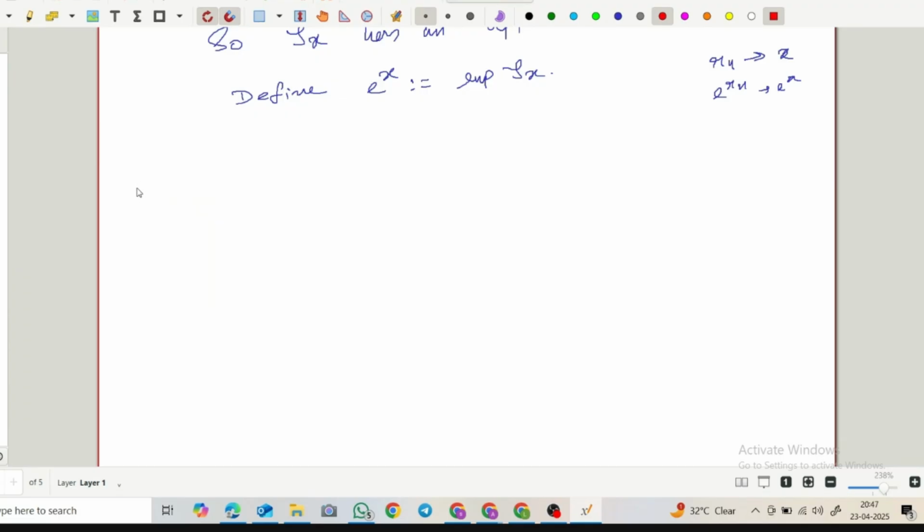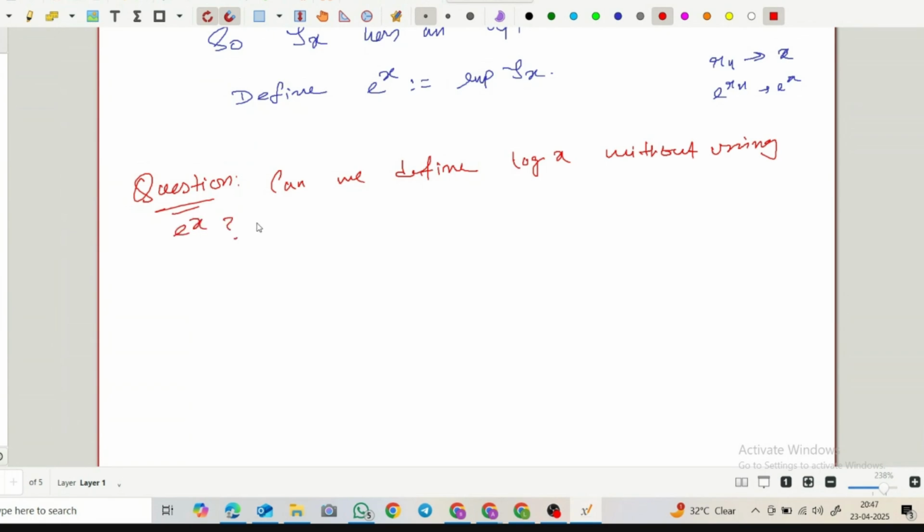So I have a question. You see, to define log x, we almost ran out of steam. Can we define log x without using e to the power x?